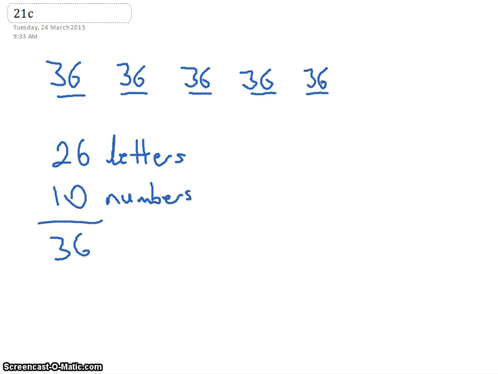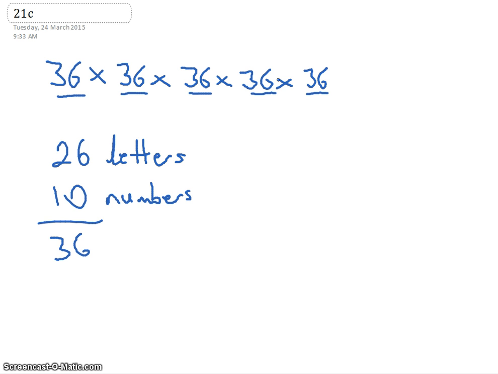Right, I'm not adding them. For every character, it doesn't matter what character I put there, for every single one, I've got 36 choices. So there's 36 here, and then for every 36, for every one, I've got 36 more. And then for every one of those, I've got 36 more.